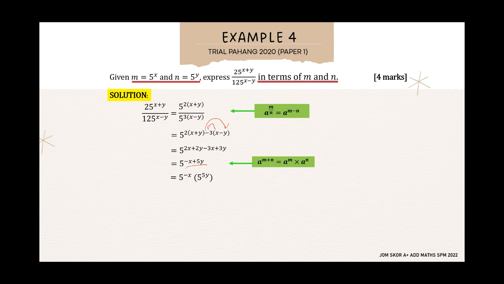Okay, sampai sini. Tengok balik pada information yang dia bagi. Okay, dia bagi 5 to the power of x and 5 to the power of y. Tapi yang kita ada 5 to the power of negative x dengan 5 to the power of 5y. So macam mana kita nak alter expression tadi tu supaya kita boleh guna m dan n.